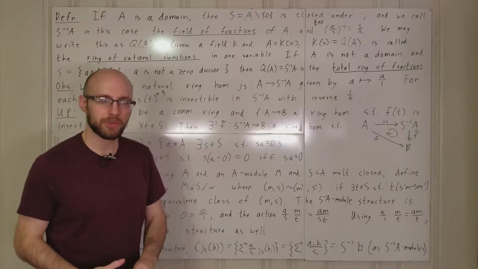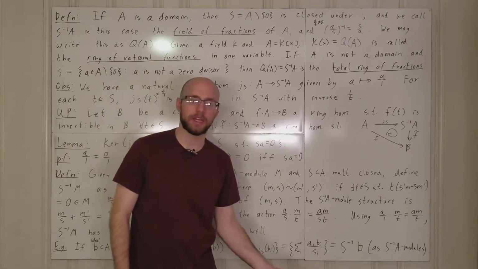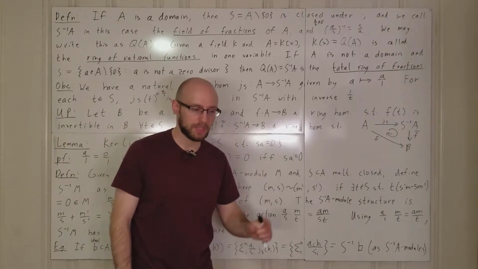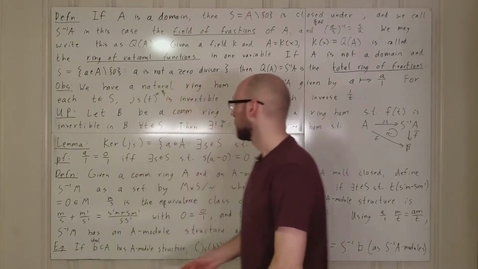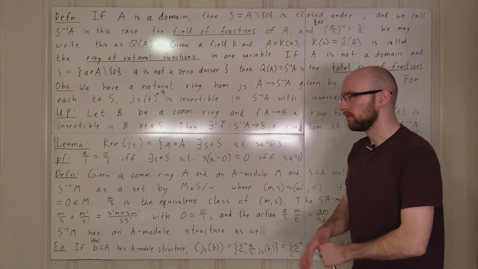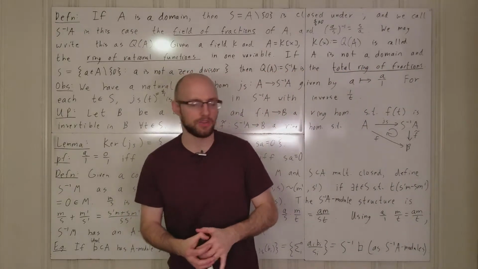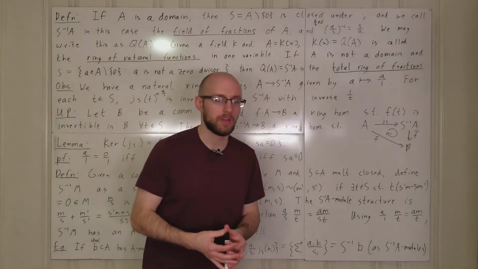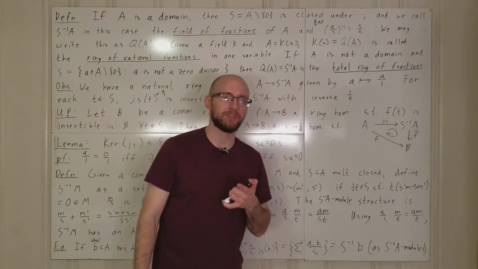It turns out to be pretty much the same calculations as before. You do have to verify it, but it turns out being almost exactly identical. The only thing is that you have to be really careful, because A is a commutative ring, so we don't have to distinguish between left multiplication and right multiplication in A, but you do need to keep track of when you multiply two elements together, where this multiplication is taking place.